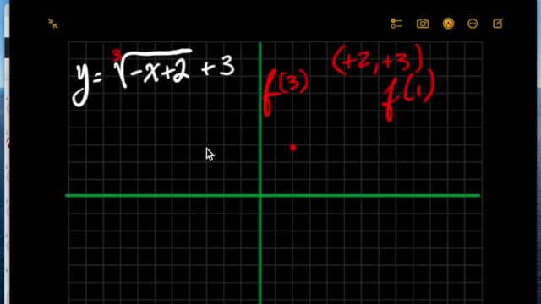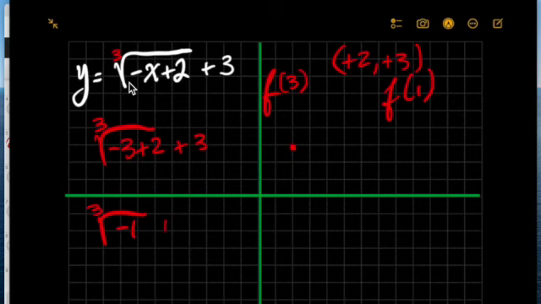All right. If we put 3 into this equation, we have the cube root of negative 3 plus 2, plus 3. That's going to be the cube root of negative 1 plus 3. Negative 1 plus 3 equals 2. So our y value is going to equal 2.